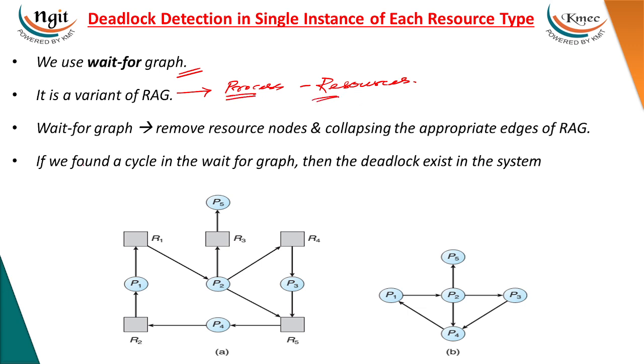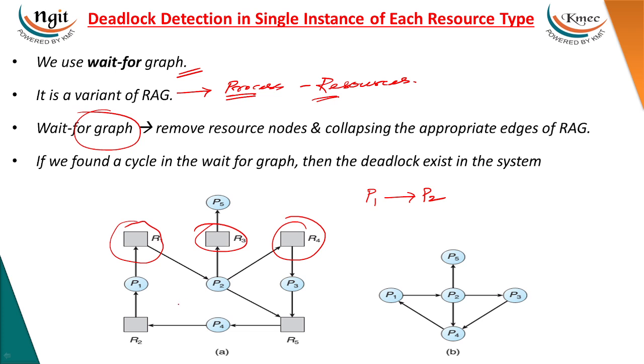But when it comes to the wait-for graph, we remove all the resources and their corresponding edges. That means, if there is P1 to R1 and R1 to P2, then in the wait-for graph it will become P1 to P2.